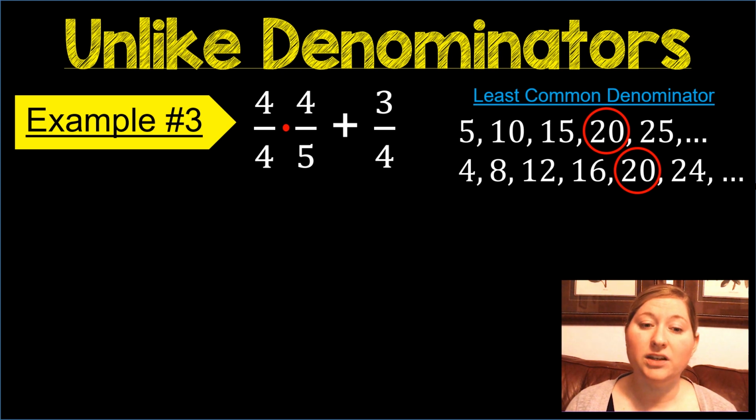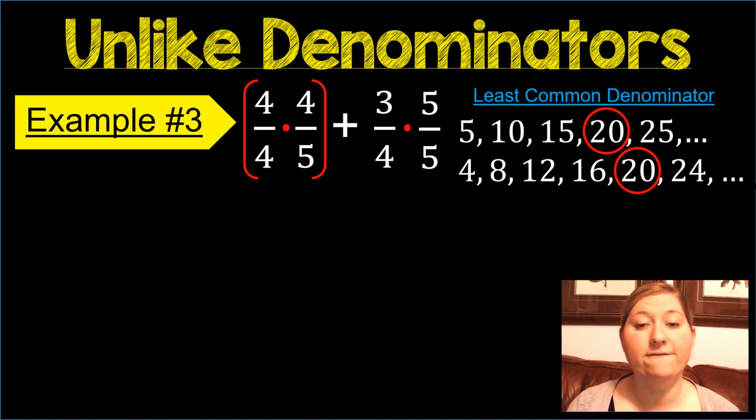But whatever you do in the denominator, you have to do in the numerator. So I'm going to multiply by 4 over 4, okay? My numerator by 4 and my denominator by 4. For my second fraction, I have 4 in the denominator. I'm going to multiply it by 5 over 5 because that will give me 20 in the denominator.